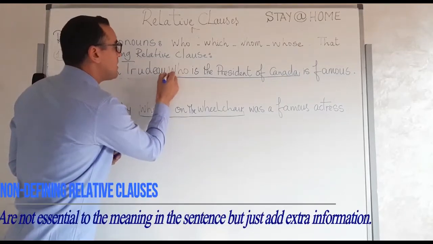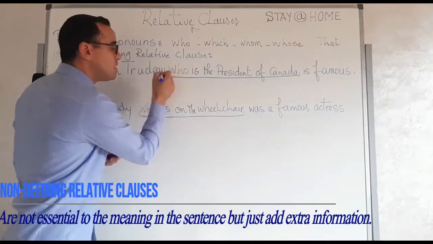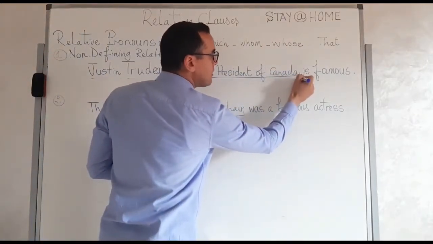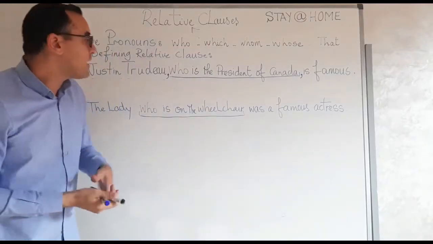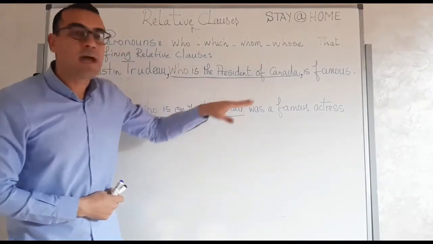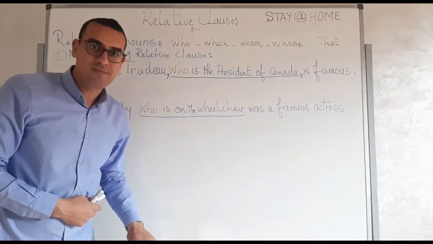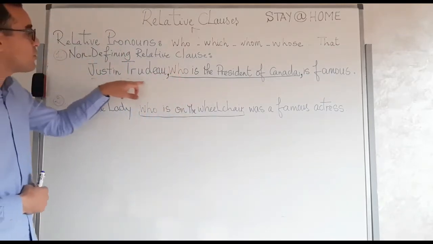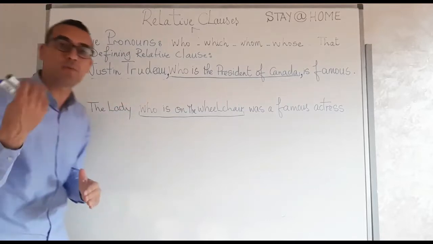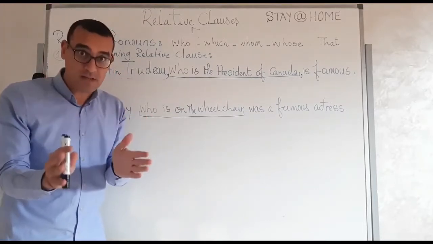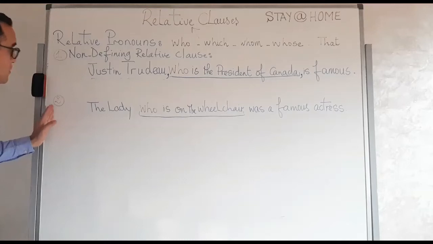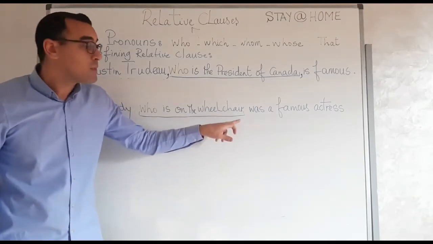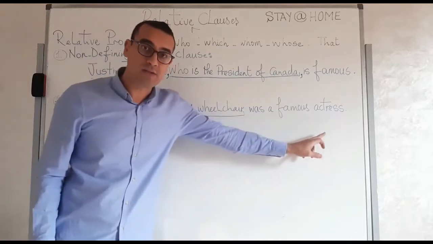We add one comma before the relative clause and another after it. It means that this relative clause can be dropped. It's not essential to define the person that we are talking about, because the person is already defined to us.